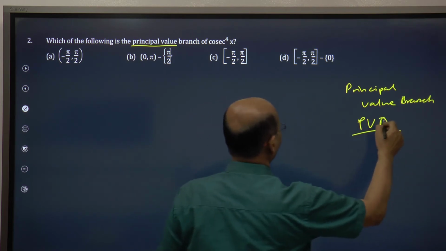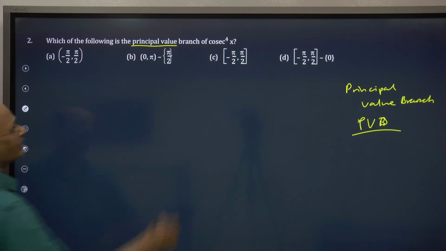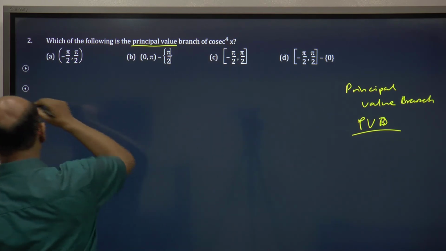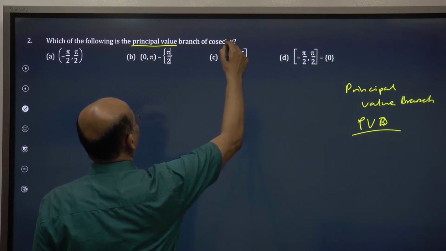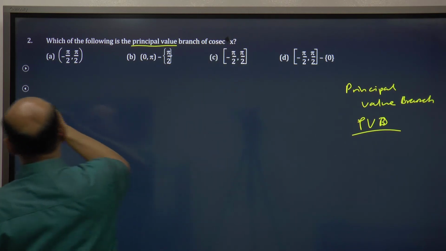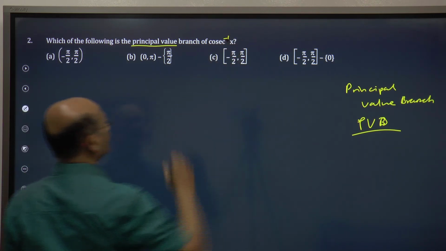Keep that in mind. This is cosec inverse, I beg your pardon, there is some typing error there, just a second guys, minus 1 cosec inverse x.